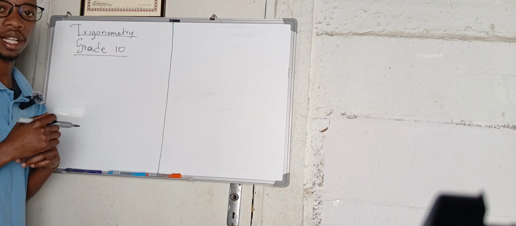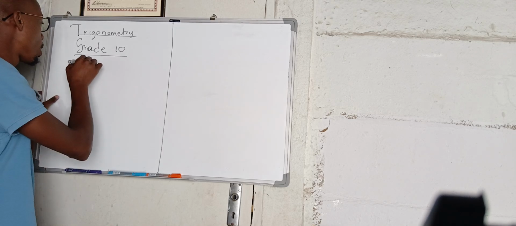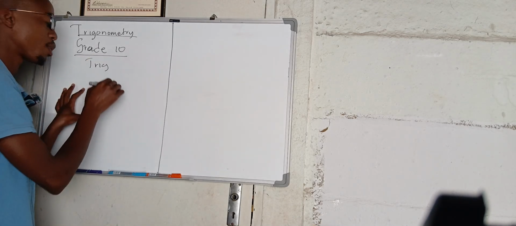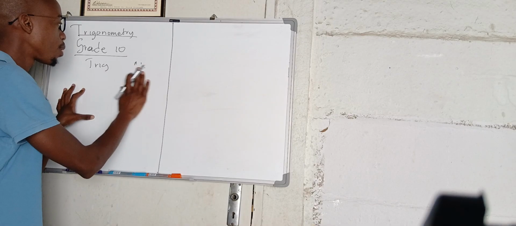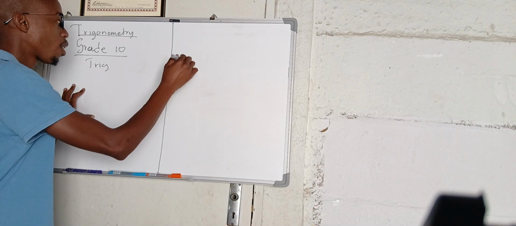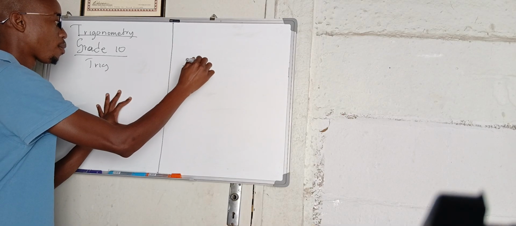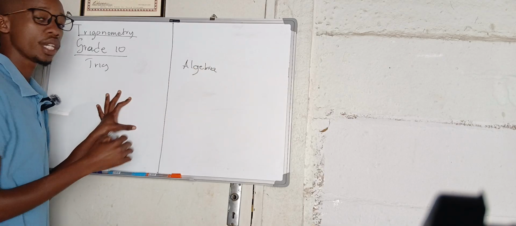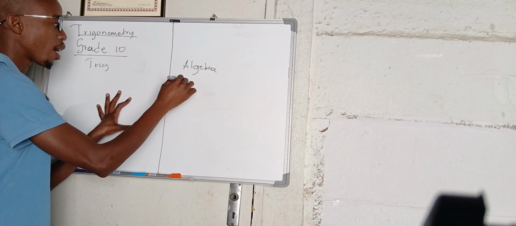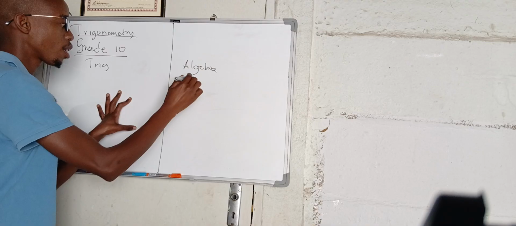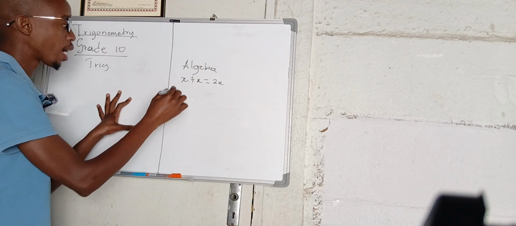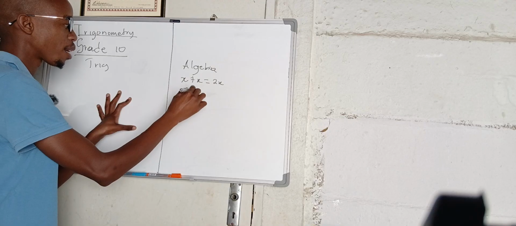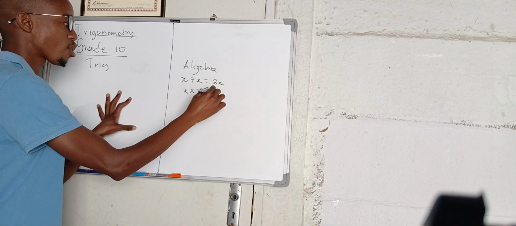Let me show you what I'm talking about. Trigonometry, and then algebra. In algebra, when we have x, we have 2x. And x multiplied by x gives x squared.